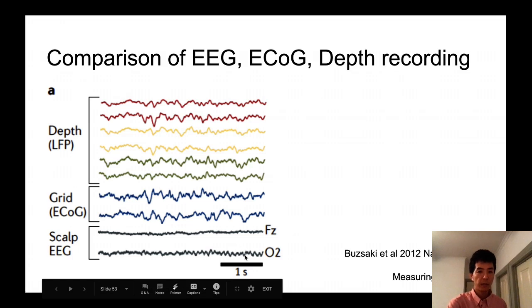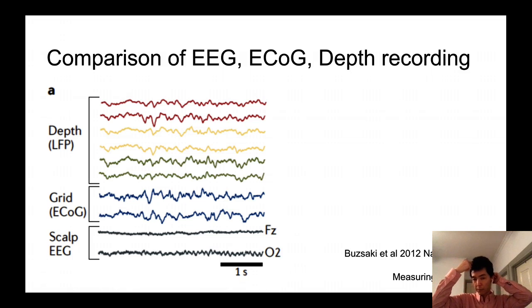And as you can see, here, O2, Oz is the back of the brain, and Fz is the front of the brain. If the EEG electrodes are separated like this, over much distance, you'll see completely different activity.